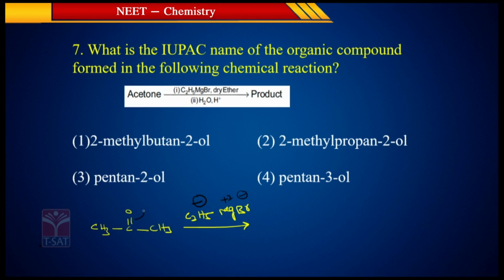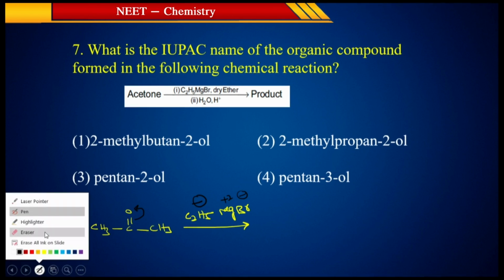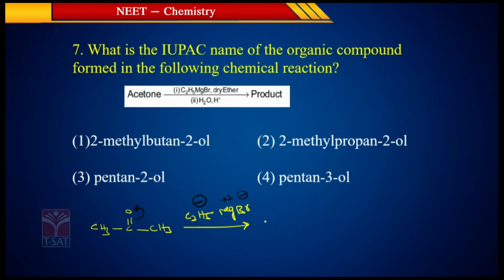So, the bond between carbon and oxygen shifts towards the oxygen side, right? As a result, what are you going to get? You are going to get CH3, C plus, and O minus, and CH3. Now, see, on O minus what will be added? Mg plus 2 Br minus will be added. And on C plus what will be added? C2H5 minus will be added.